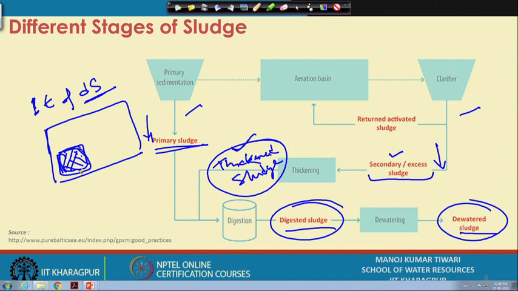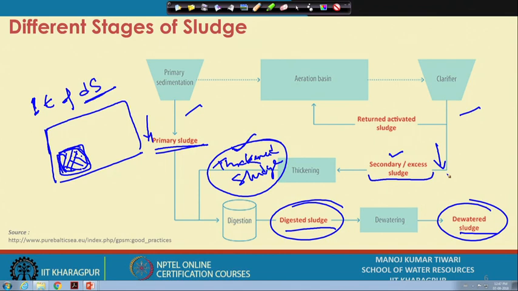Now, these solids do not flow from the clarifier as a dry material; they come along with the water, as we were discussing. So, there will be a lot of water content. Water content can be expressed as weight by weight percentage, volume by volume percentage, or weight by volume percentage.